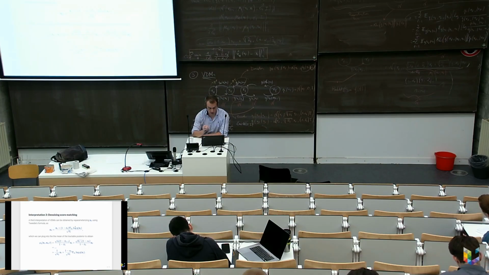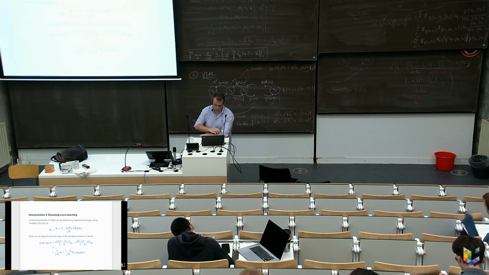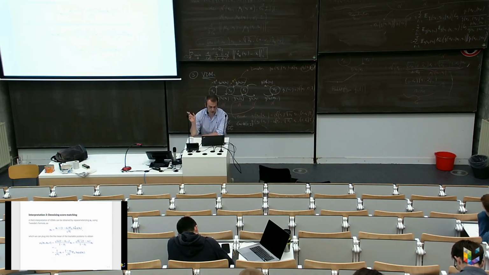And the score is the gradient of the log density of a distribution. And in this case, if you follow the gradients, you will follow the direction which maximizes the density of the data. Okay? So there is a formula which exists, which we call the Tweedie formula, which relates some expected value to this quantity, and this is what allows us to rewrite x0 in this form.